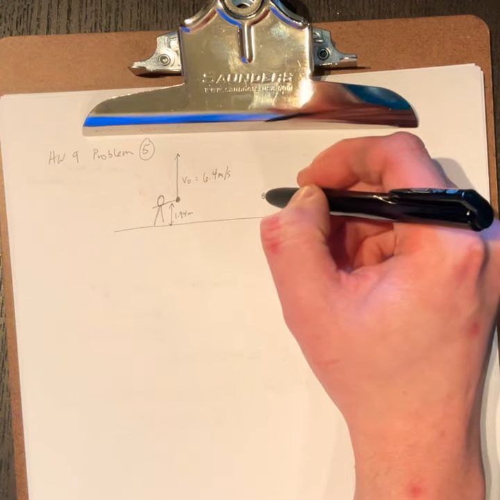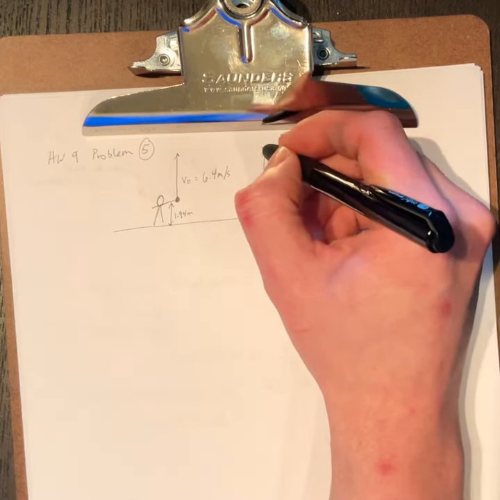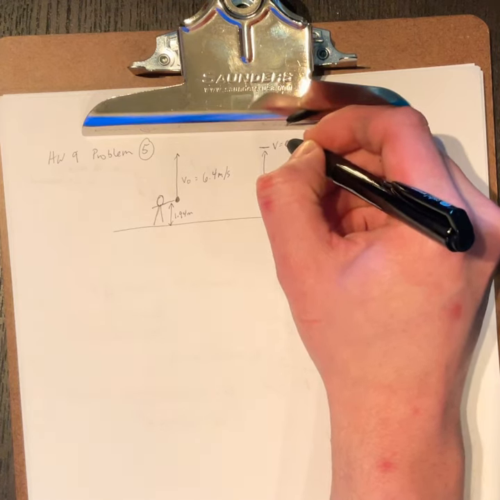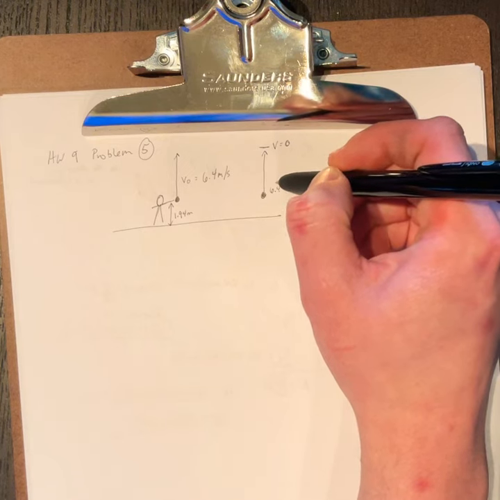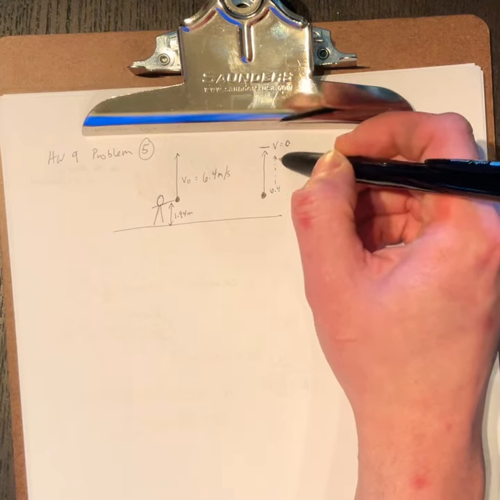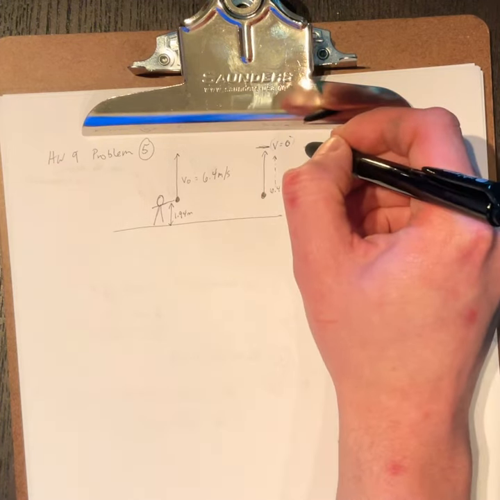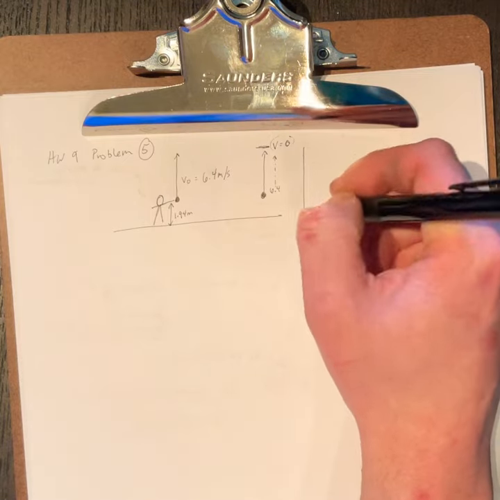So the ball goes up. At this point here, it has a velocity of 0, because it's going up at 6.4 and slowing down as it goes up. So it slows down, slows down, slows down. The velocity then becomes 0. At that point, it switches directions and comes back down and hits the ground.